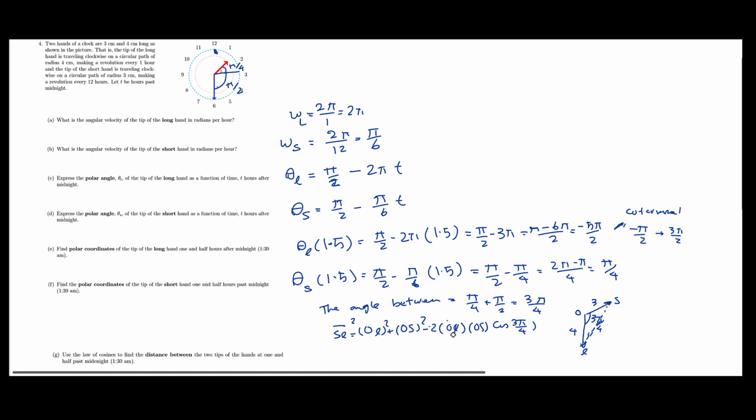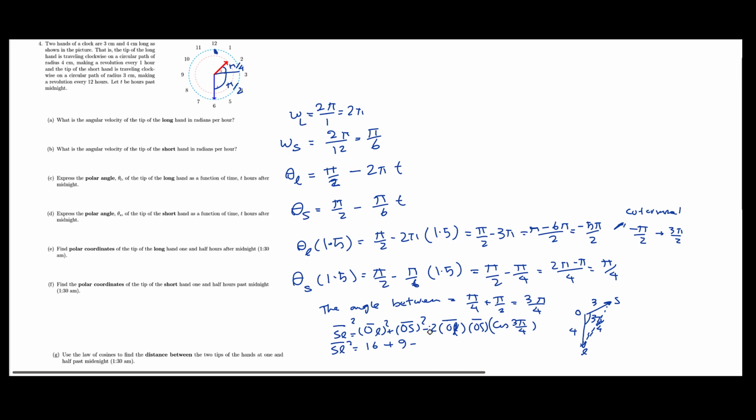This is OL, this is OS. So SL squared is going to be, OL is 4, OS is 3, so 16 plus 9, minus 3 times 4, 12, times 2, times negative square root of 2 over 2.